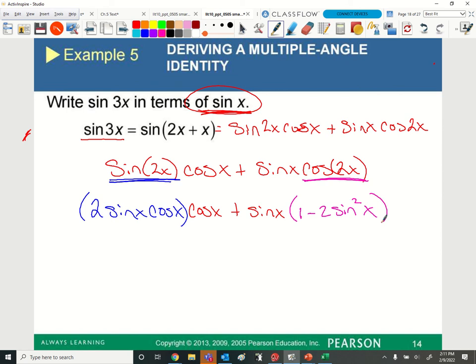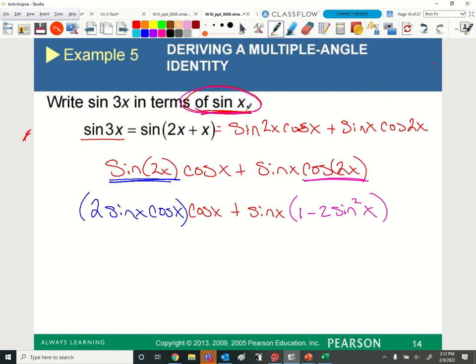Does that make sense here? Because all I want is sines. My other identity had cosine squared minus sine squared, right? I don't want that because that has a cosine and a sine. The next one says 2 cosine squared minus 1.